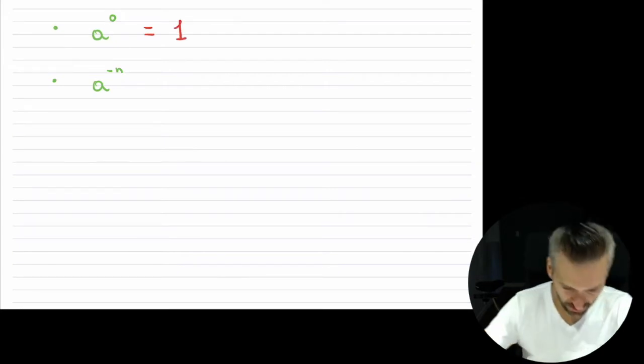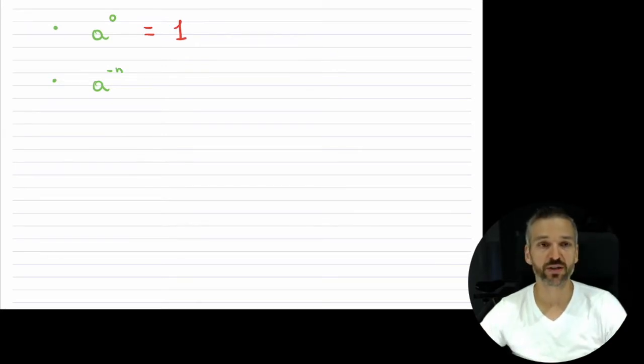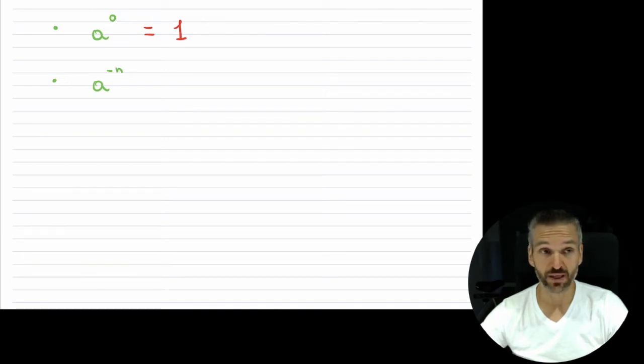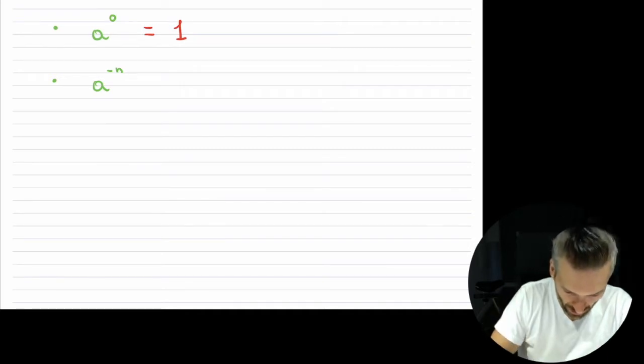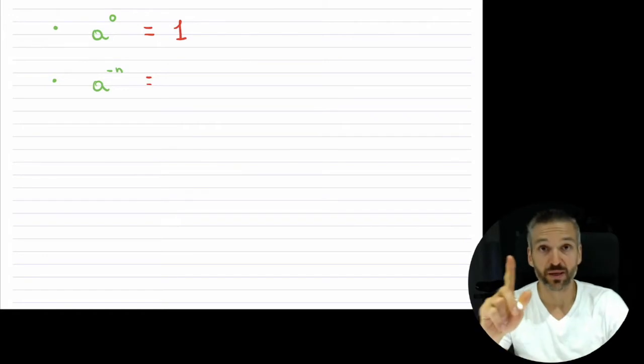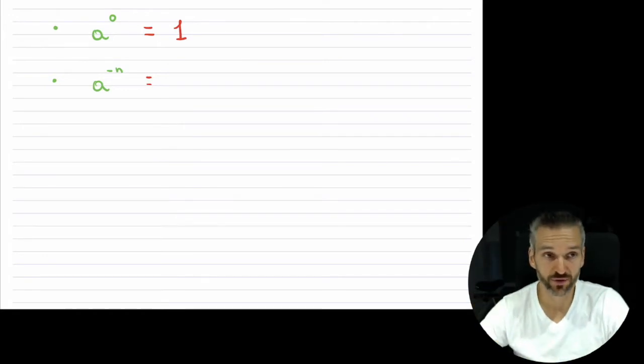Because I've explained this a couple of times in the introduction, I'm not going to explain that again. Again, remember, A is not equal to 0, so it can be any number, positive, negative, decimal, whatever it may be, but not equal to 0. So any number raised to the 0 is equal to 1. That's one of the laws that we remember, and I showed how to do that.